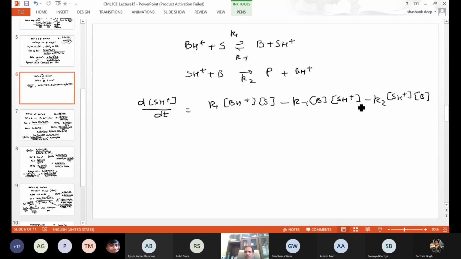Because K minus 1 and K2 both involve the same B, this is equal to 0. Am I right? So you can write K1 BH plus into S is equal to K minus 1 plus K2, this is common, into B into SH plus.